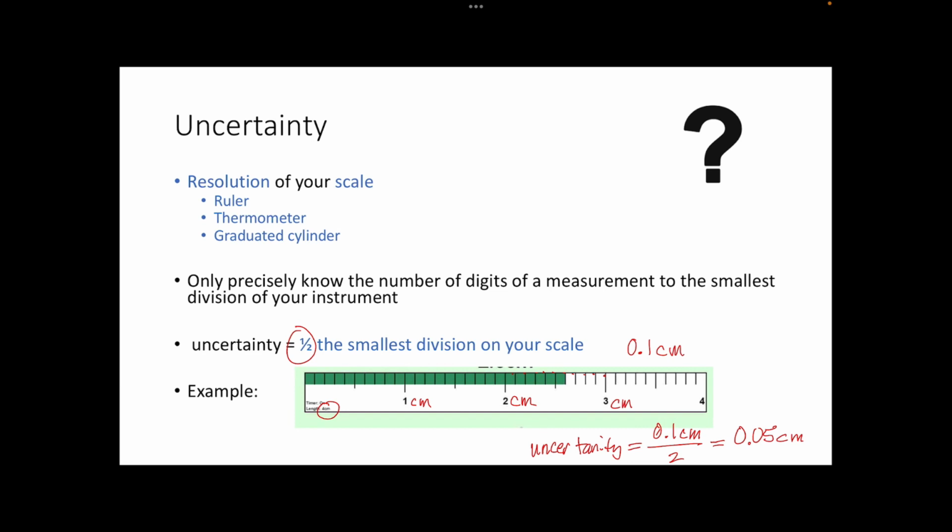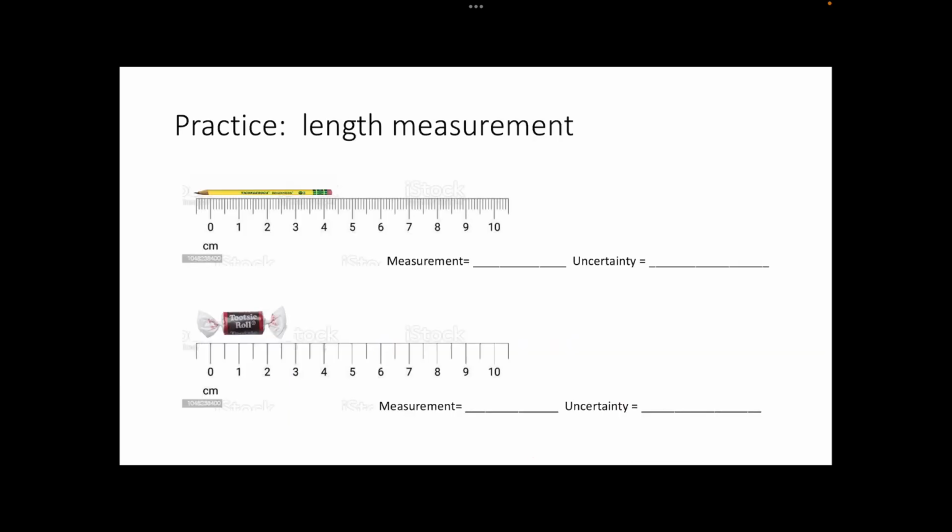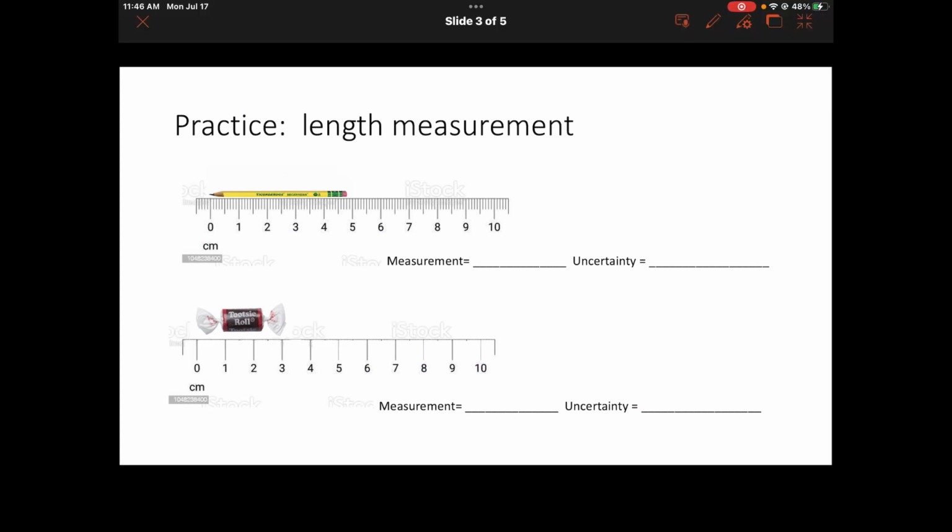So let's go ahead and practice some length measurements, including our uncertainty. The ruler at the top is similar to the one on the previous slide. It has marks every centimeter from 0 to 10, and it has 10 marks in between.